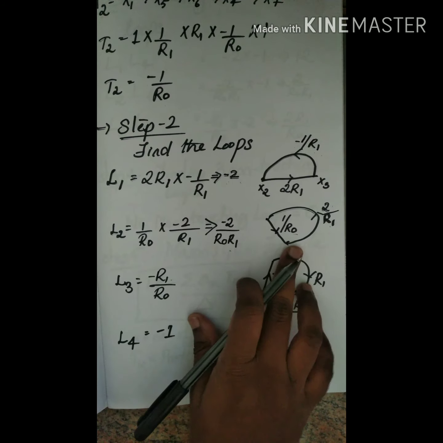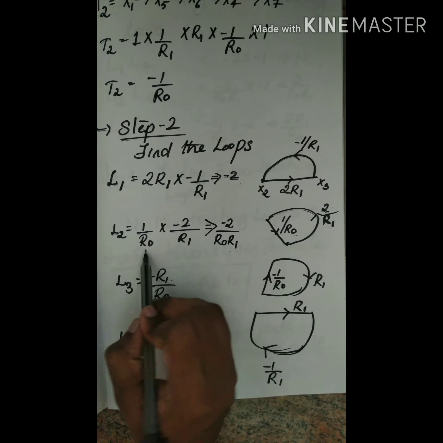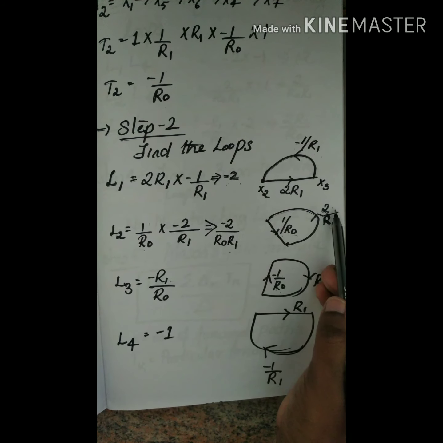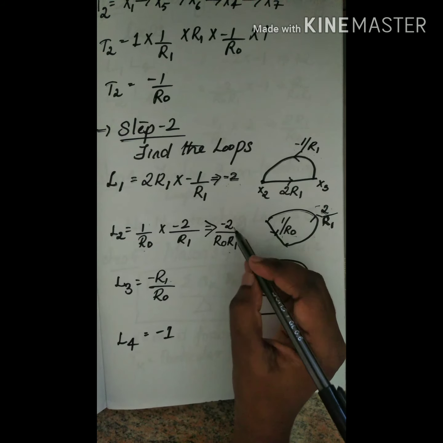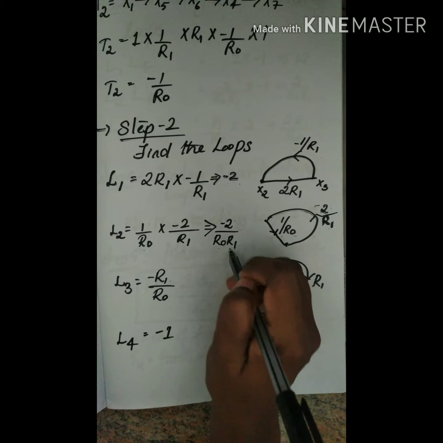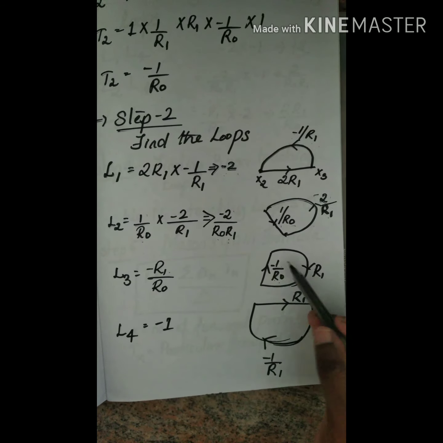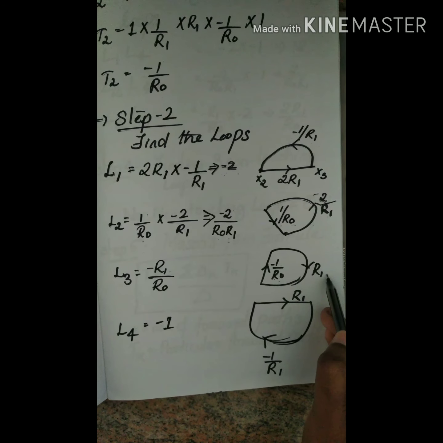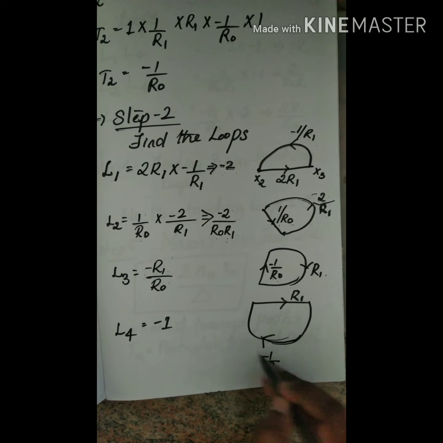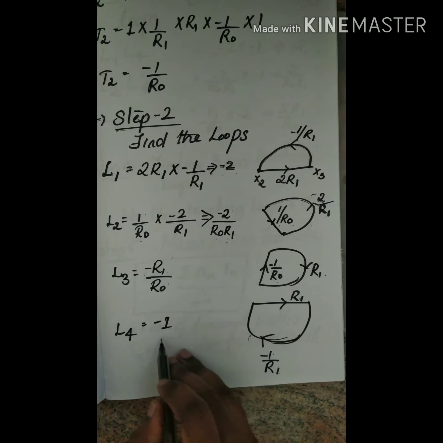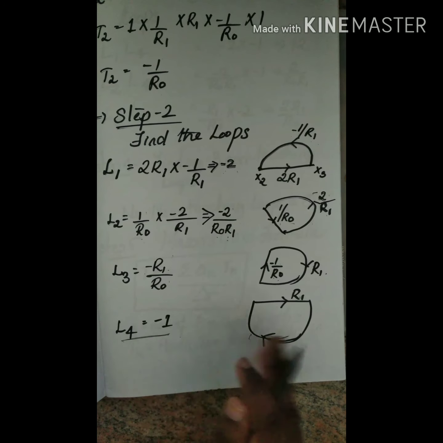For the second loop, it's 1 by r0 into minus 2 by r1 and it results in minus 2 by r0 r1. The third loop is minus 1 by r0 into r1 and it results in minus r1 by r0. And the fourth loop is r1 into minus 1 by r1. The fourth loop gain is minus 1.